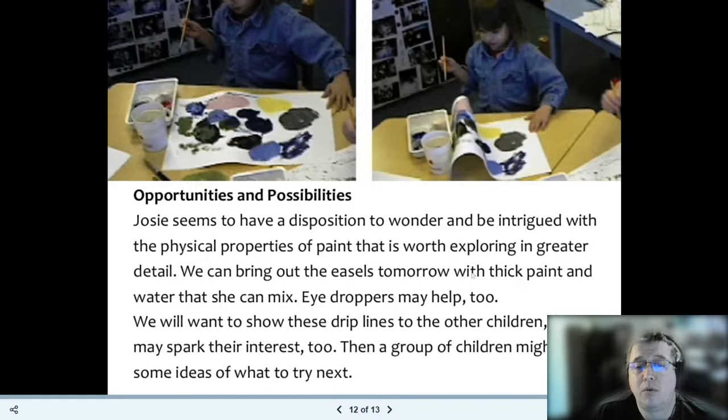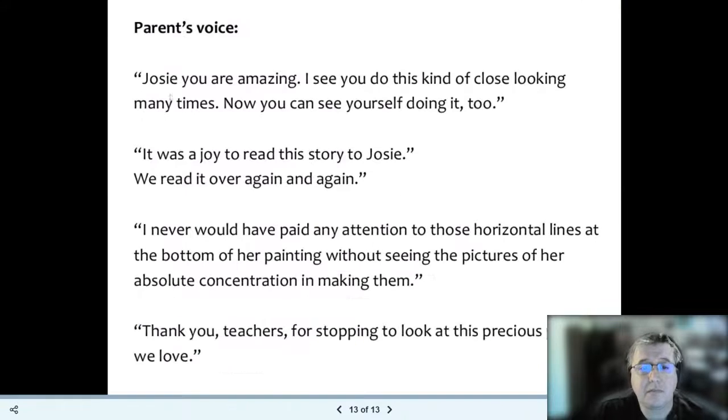We can bring out the easels tomorrow with thick paint and water that she can mix. Eyedroppers may help too. We will want to show these drip lines to the other children, for it may spark their interest too. Then a group of children might have some ideas of what to do next.